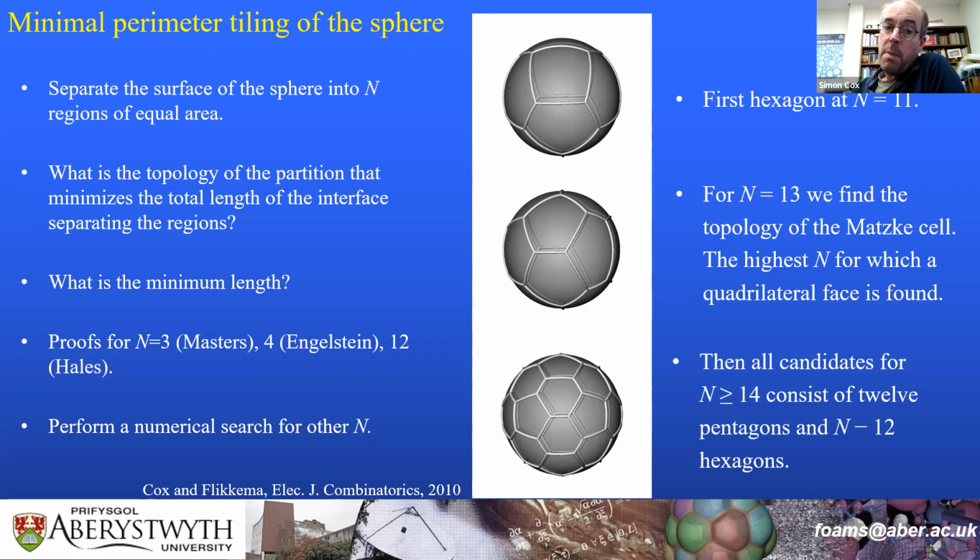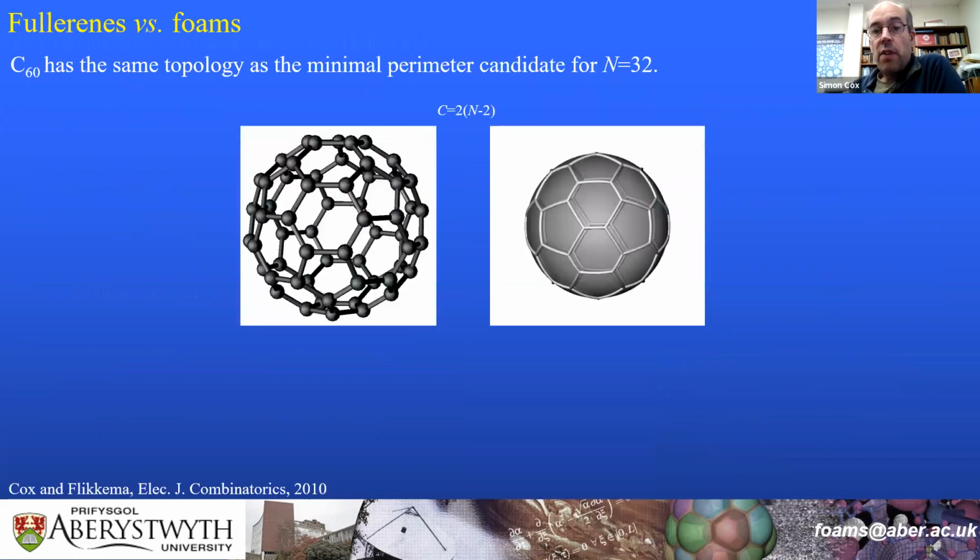In fact, it's a packing that has exactly 12 pentagons, as you know from footballs, and the rest must be hexagons. These are known as fullerenes. So it seems that the minimal perimeter candidates on the sphere for n greater than 14 are fullerenes.